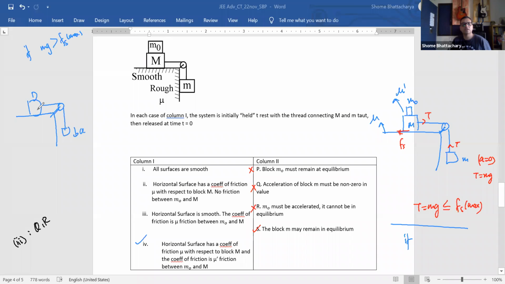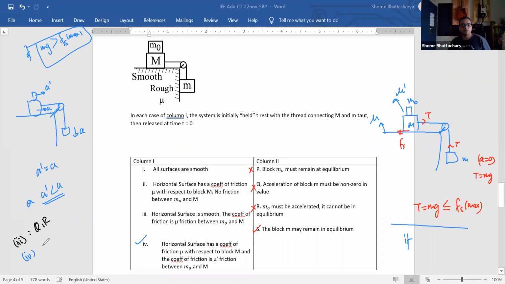This will be moving with a, this will be moving with a prime. So they might be equal, or a prime might be less than a. So these are also possible. But for this, it is a necessary condition. So that is why with this option only this will go.